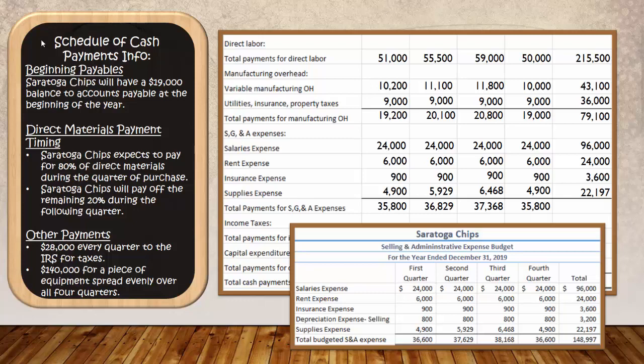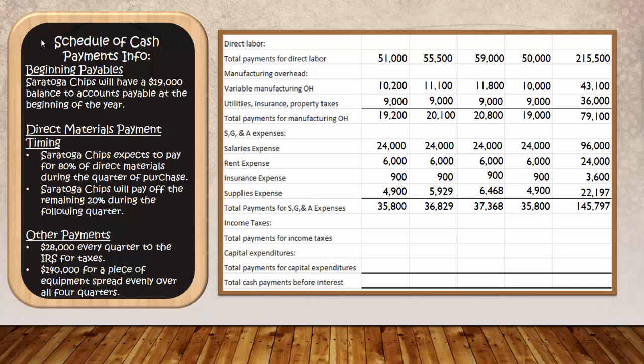And you may notice these don't match the total budgeted S&A expense. Why? They're all $800 less because we did not include depreciation, meaning that our total payments are going to be $145,797.